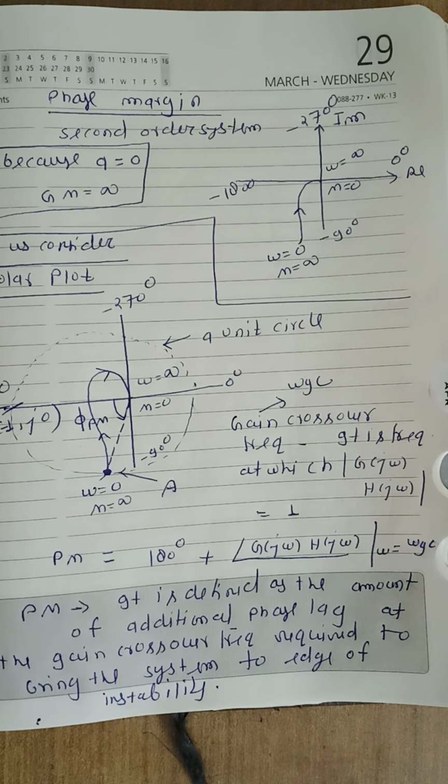A smaller value of either gain margin or phase margin denotes a highly oscillatory system. A system with a gain margin of about 5 to 10 dB and a phase margin of around 30 degree to 40 degree is considered to be a reasonably stable system.